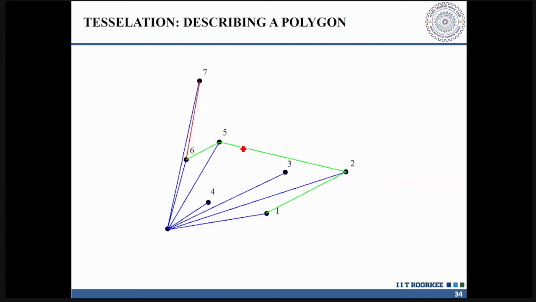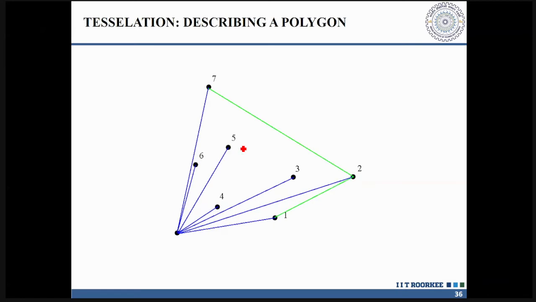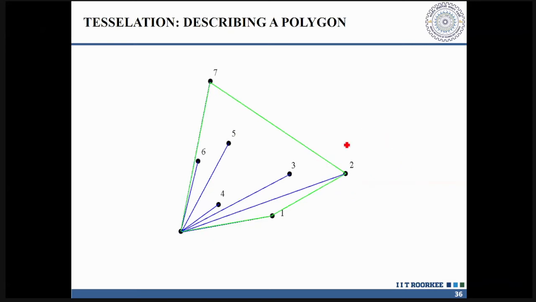Take up the preceding point, means move from 5 to 7. Once you are moving from 5 to 7, it is again a bad turn. Skip it. Take up the previous point. You are at 2. Once you are at 2, you have to move towards 7. It's a good turn. From 7 to 0, it is again a good turn. So what is your convex polygon? 0, 1, 2, 7, 0.